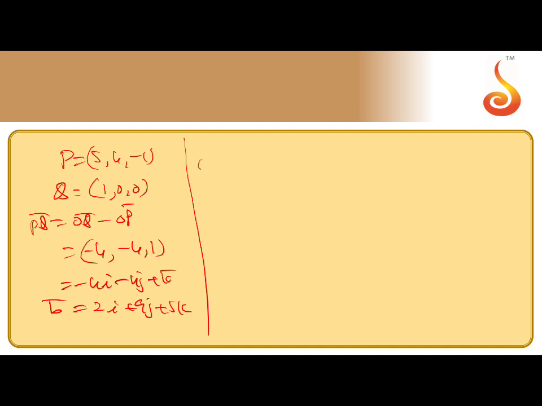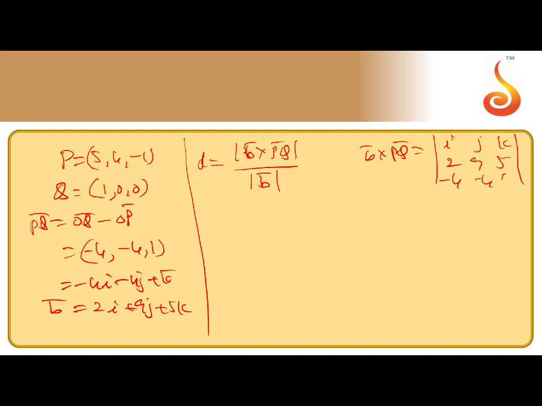So what is the length formula? The formula is modulus of B cross PQ divided by modulus of B. So now you can find B bar cross PQ bar using i, j, k. What is B? B is 2, 9, 5, and PQ is minus 4, minus 4, 1.